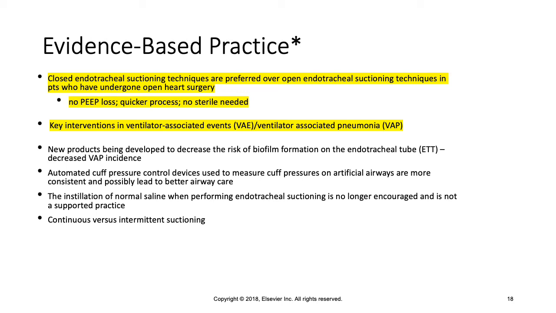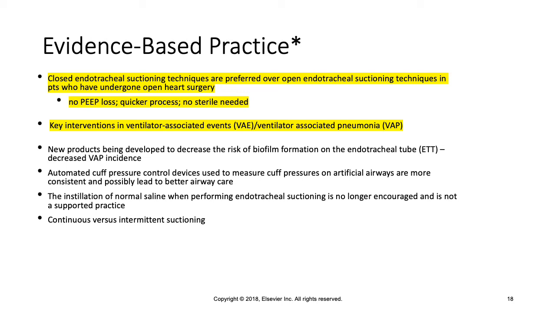This biofilm that sometimes forms on the endotracheal tubes will lead to the development of pneumonias. So products have been developed that will clean the inside of the tubes, as well as tubes that have a special coating that prevent this film from forming.